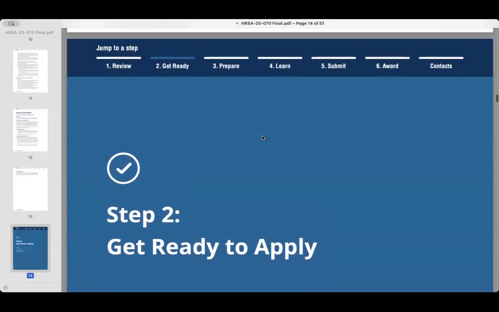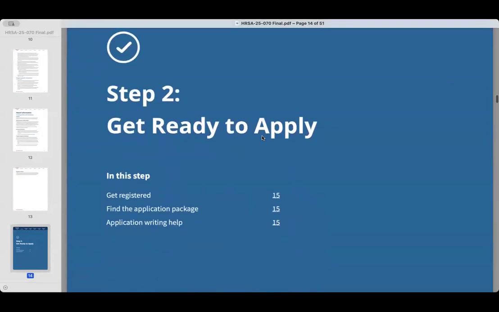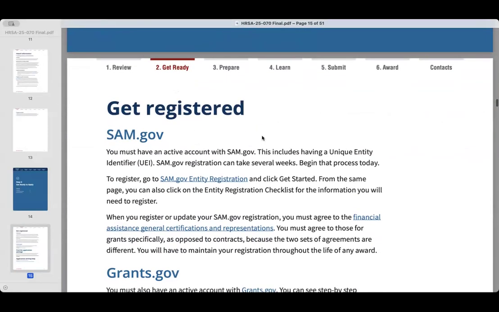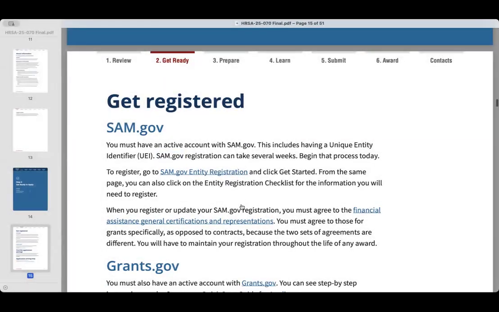So we can see here that they helpfully start us out with a get ready to apply section. Now, if you're working for an accredited college or university in the United States, they should already have a sam.gov account. But if for some reason you're working for a new institution, it doesn't have one yet, perhaps you're working on the APRN mentoring thing, it, in my experience, has taken about a week to get a new registration approved.